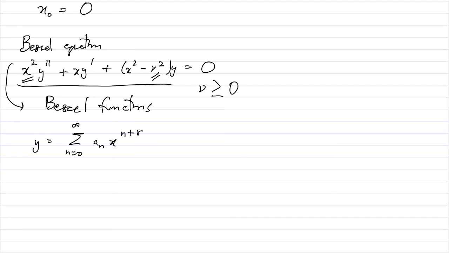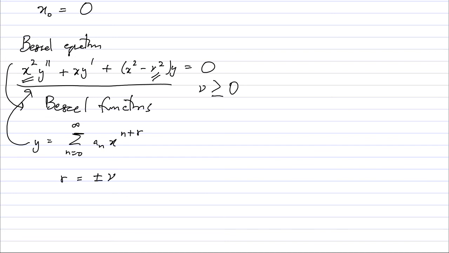Once you plug this back in, you can easily check that the indicial equation gives you two values of r: plus nu and minus nu. It's not that complicated. So the indicial equation gives you the two roots, and the properties of your solutions depend on what this nu is.